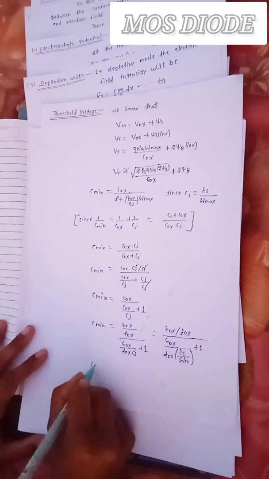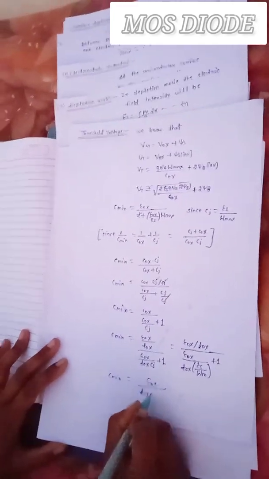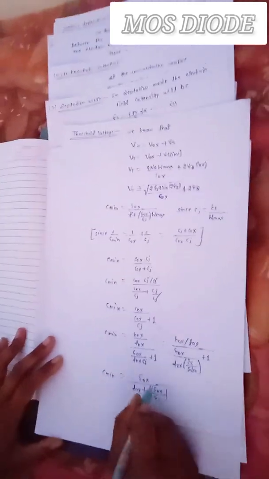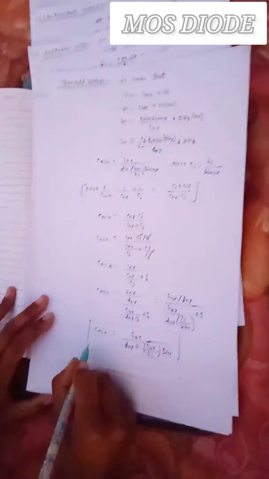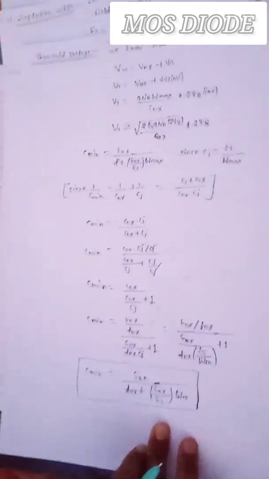So then the value of C minimum is equal to epsilon ox upon T ox plus epsilon ox upon epsilon s into W maximum. So this is the value of C minimum at threshold voltage.